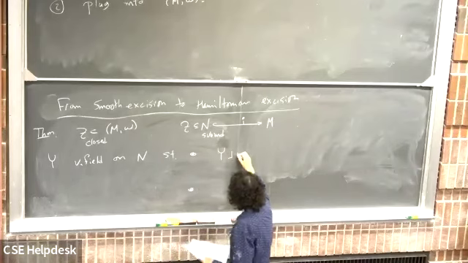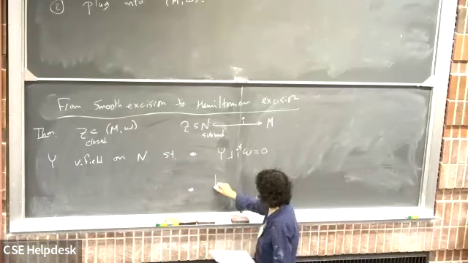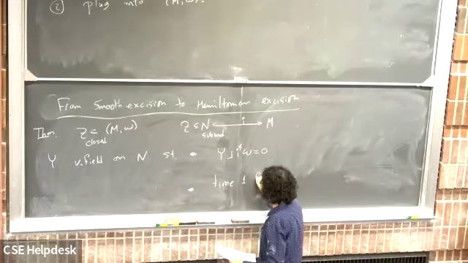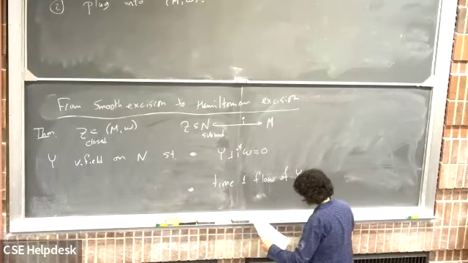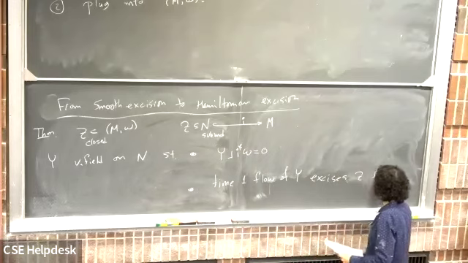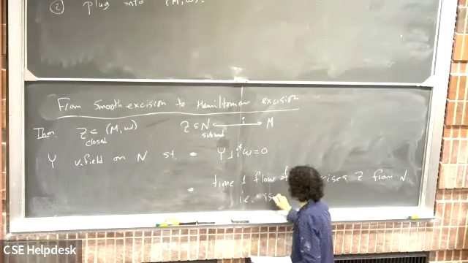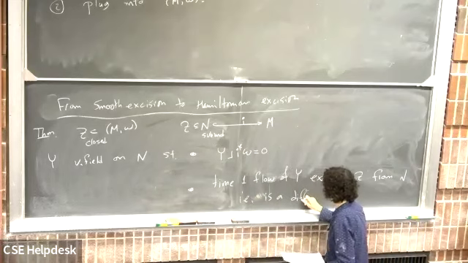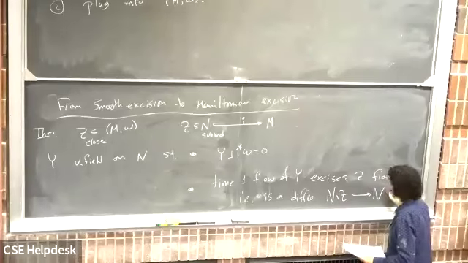First of all, this is a null vector field. And second, what I just said verbally, the time one flow of y excises that from N, i.e. is a diffeomorphism from the complement of that in the submanifold to the submanifold.